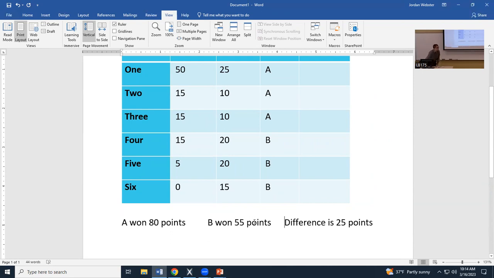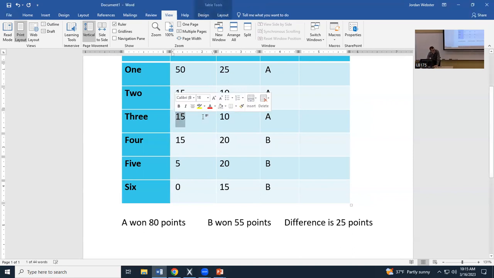And so I look at the items and I say, well, is there an item which I could take away from A and give to B so that 25 points is exchanged? And in this case, there's actually 2 items that would do that. If you take away 15 points from A and give 10 points to B, that's a 25-point swing. Does that make sense?